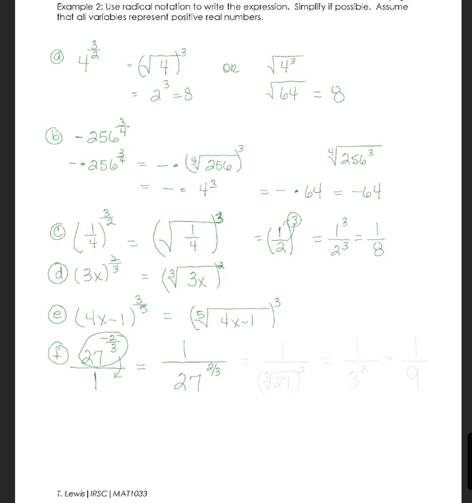Okay, let's convert this denominator to a radical so we can see how to simplify it. So, you're saying the cube root of 27, squared.